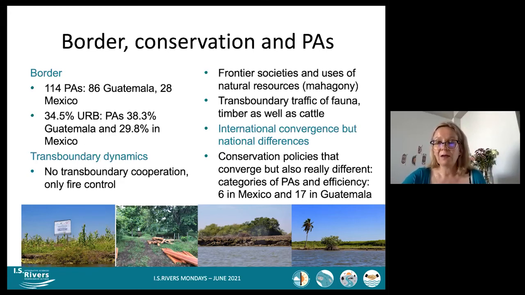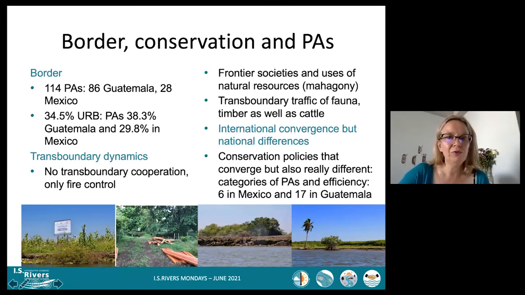The conservation policies around protected areas mean that there are different types of categories of protected areas. There are 6 in Mexico and 17 in Guatemala, and they're not always as efficient depending on where you are located in the country and in the river basin.